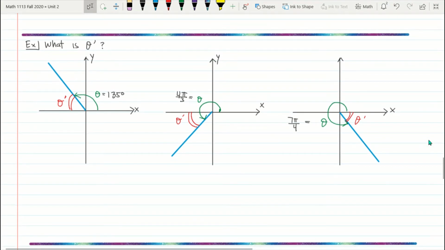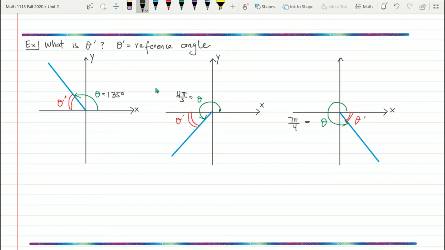here are some examples. We are trying to figure out the value of theta prime, or the reference angle. So remember, this means the reference angle.